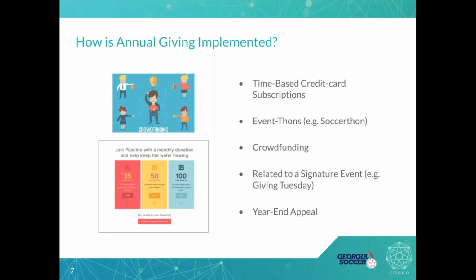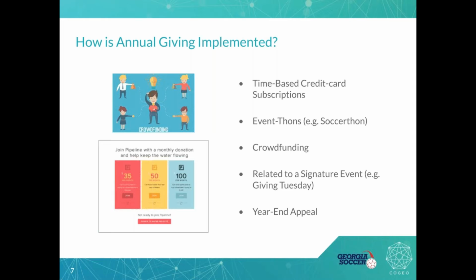So how do you implement this? Today, you've got several things to think about. Time-based credit card subscriptions, so a monthly transaction. We see a lot of that, particularly in churches. Event, which mainly soccer-thons we recommend in terms of retail. Crowdfunding can work around specific projects.